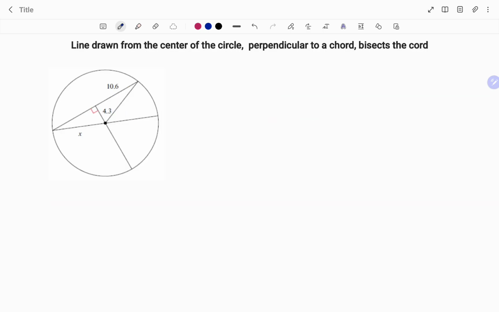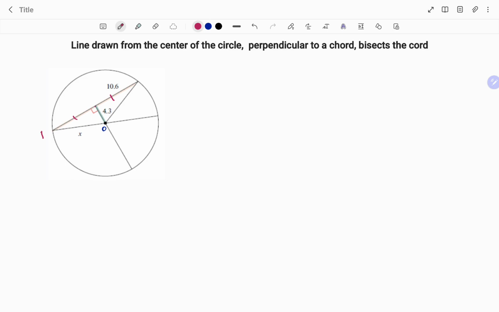In this next example, I have a circle with center O. If this is the chord, and I can see the line drawn from the center of the circle perpendicular to the chord, therefore the circle theorem states that the line drawn from the center of the circle perpendicular to the chord bisects the chord. This means that the line from the middle of the chord is equal to the other line.